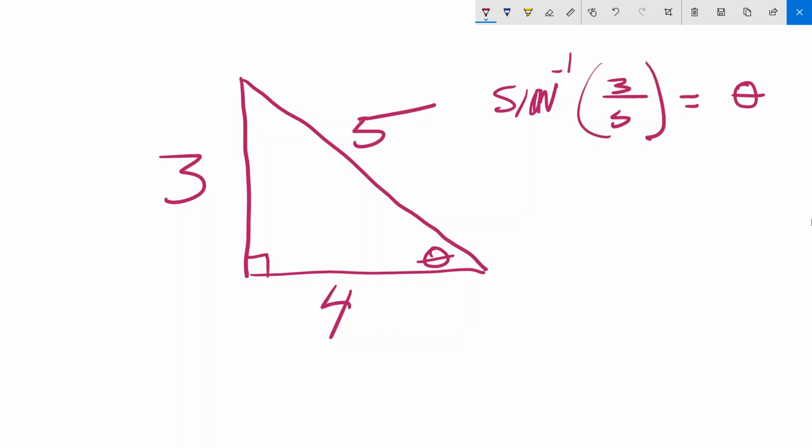Now, that is not an angle, or that is not something we can do manually. You have to get that from your calculator. So do you have your calculator in front of you? Get it. Always have it. Inverse sine of 3/5. And that will tell you what that angle is.